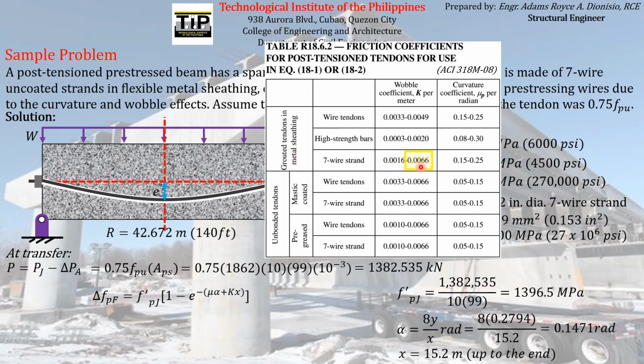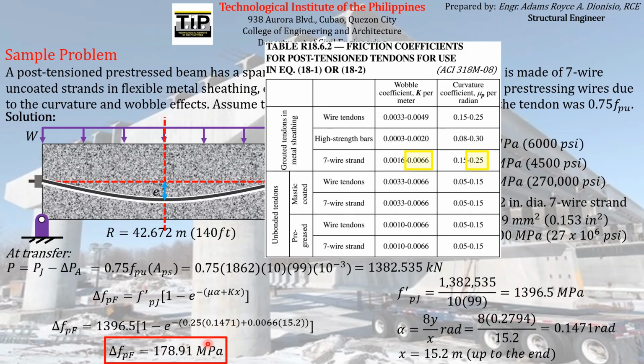So we can use the maximum value of K and the maximum value of mu, so that we will have a maximum value of pre-stress loss due to friction. Substituting all of those parameters on this formula: FPJ prime, which is equal to this, mu, which is this, alpha, which is computed here, k equal to this, and x equal to this. Substituting all of those parameters, we can solve for the pre-stress loss due to friction, which is equal to this.